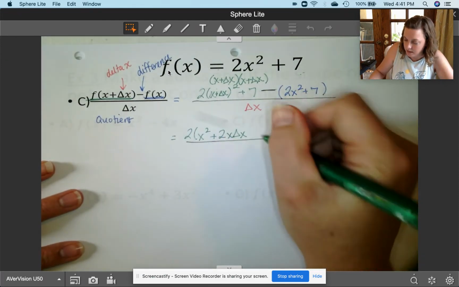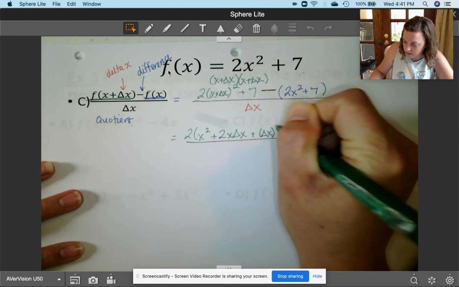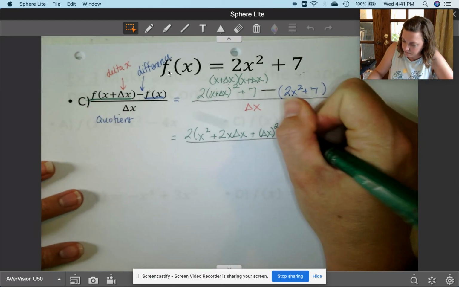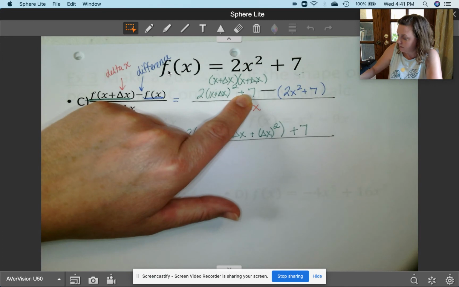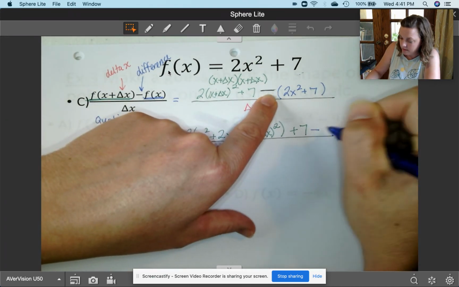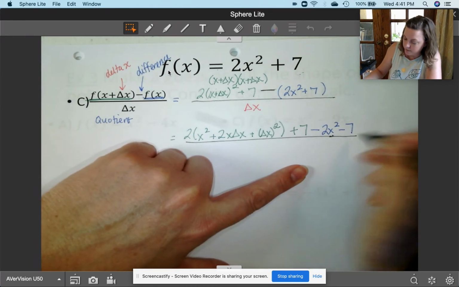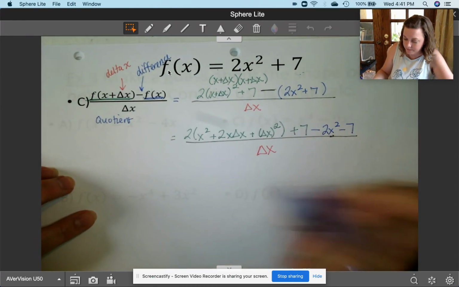And then last times last is, I'm going to write it, delta x squared in parentheses. Then don't forget your plus 7. And then I'm going to distribute my negative, minus 2x squared minus 7. Be very, very careful distributing that negative. And we still have this delta x in the denominator.